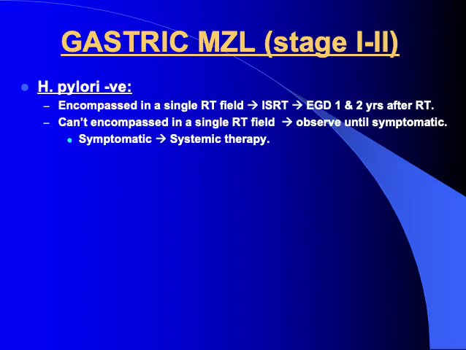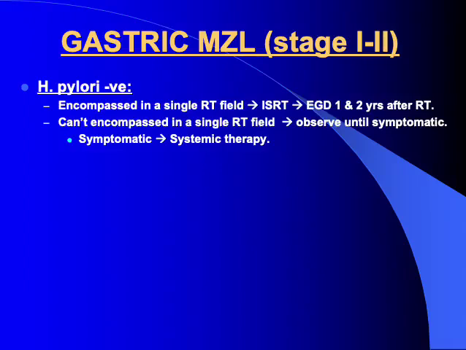For the H. pylori negative marginal zone lymphoma of the stomach, if the tumor is localized and could be encompassed in a single radiation field, then we could treat with involved site radiation therapy and then repeat EGD every year for 2 years.